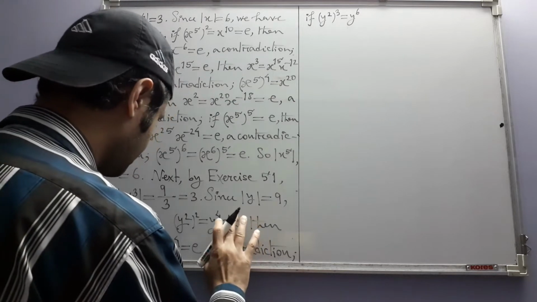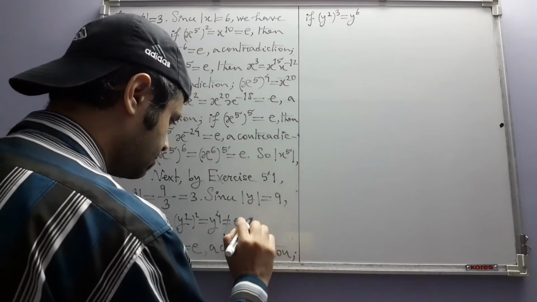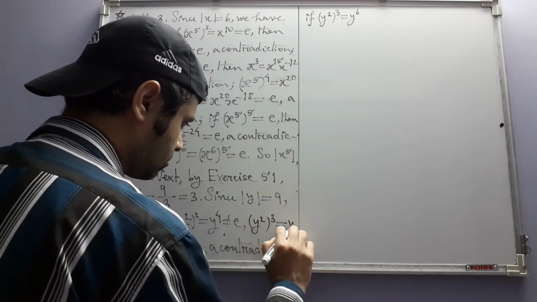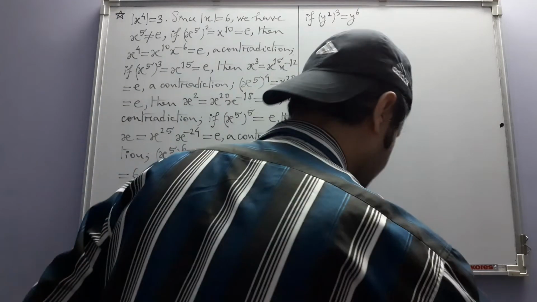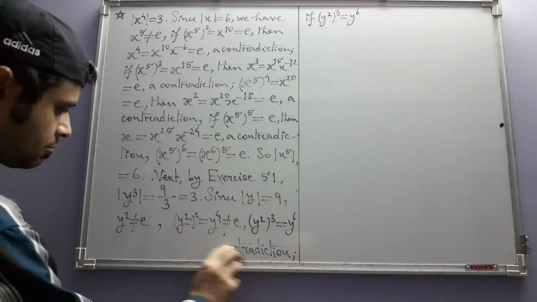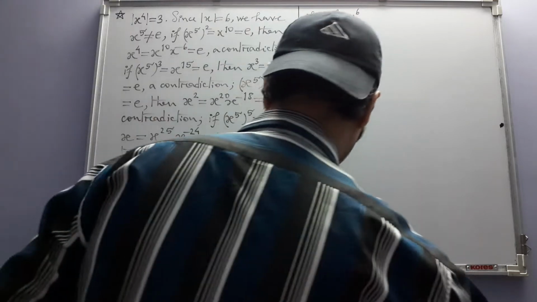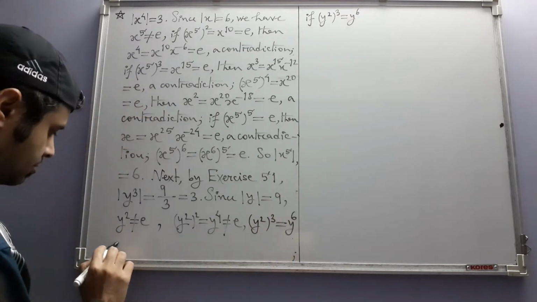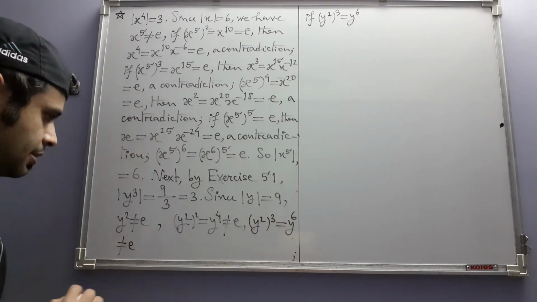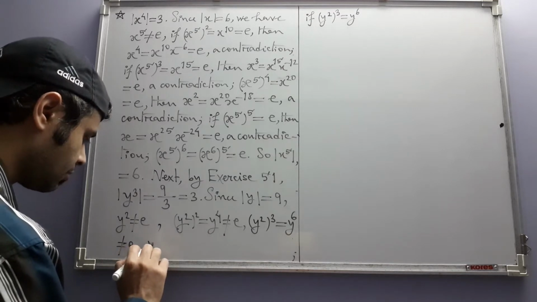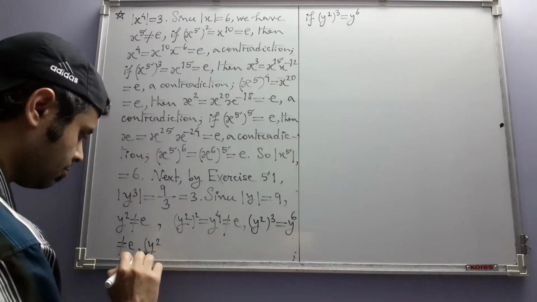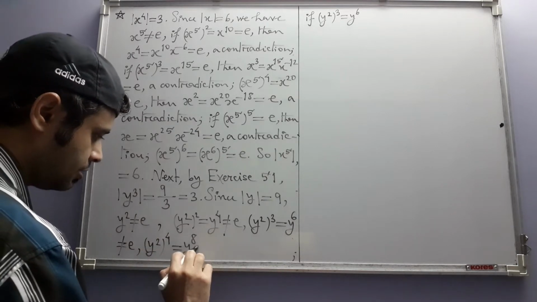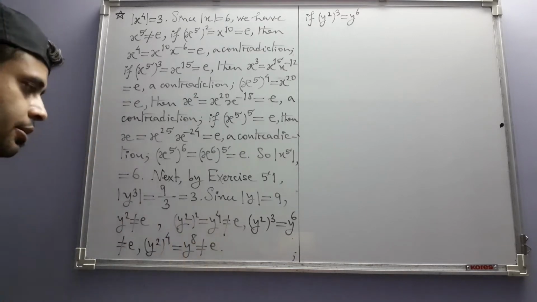Then the cube is also not identity. Y to the power 6 is also not equal to the identity, 6 being less than 9, and we can argue like this for one more power. 8 is not equal to the identity.